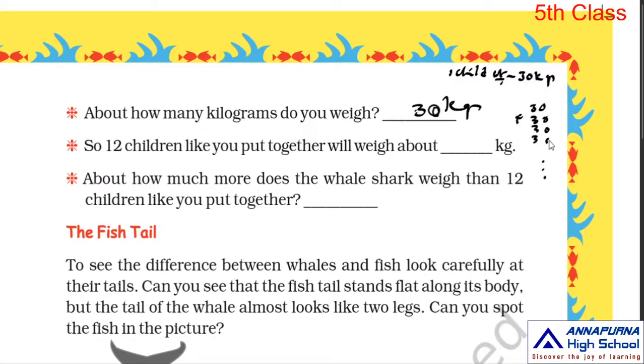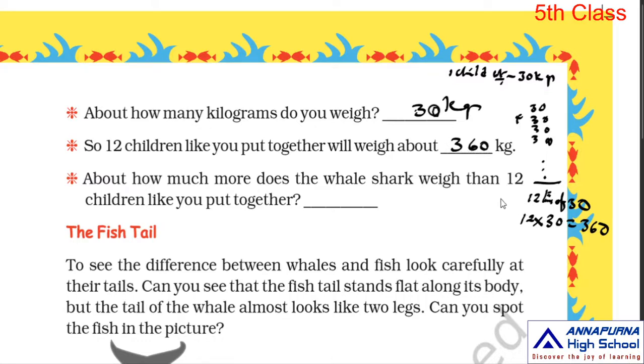How many times do we want to add? 12 times. Multiplication is repeated addition, so we can write 12 into 30. 12 30s is 360. Therefore, 12 children's weight is 360 kilograms.